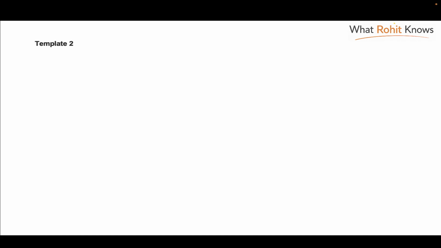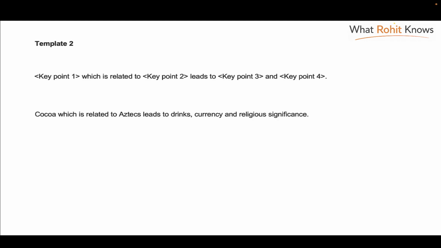Let's look at another template. Key point 1, which is related to key point 2, leads to key point 3 and key point 4. Now this structure is simple because you'll always have points that are related to each other. So if you can pick any 2 points in a text, you can say that they are related to each other and they lead to point 3 and point 4. This is much simpler than the previous one.